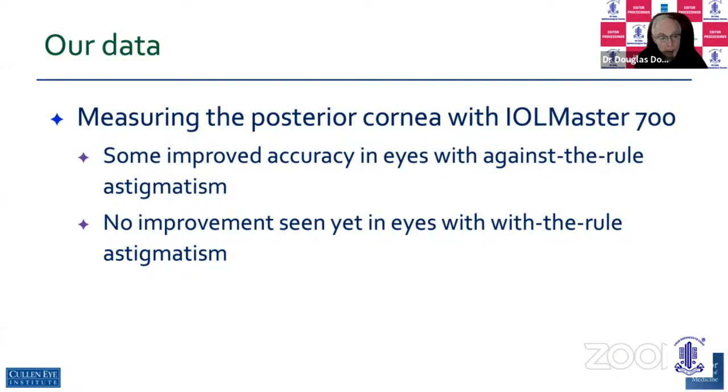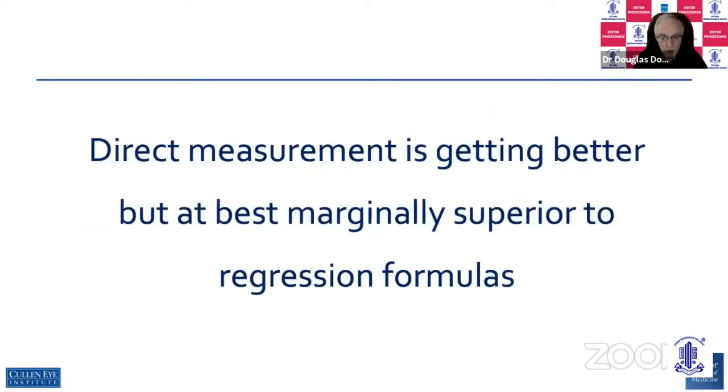Our own data looking at the posterior corneal curvature with the IOL Master 700 shows some improved accuracy in our toric calculations in eyes with against-the-rule astigmatism, but we did not see any improvement in eyes with with-the-rule astigmatism. So we're still learning about what's contributing to surgically induced astigmatism and what really needs to be incorporated into our toric IOL calculation formulas.